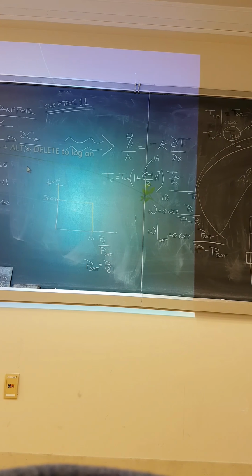Yeah, so then there's another recovery factor, where your recovery factor is T adiabatic wall minus T infinity over T naught minus T infinity. And this recovery factor is actually just Prandtl to the 1/2.